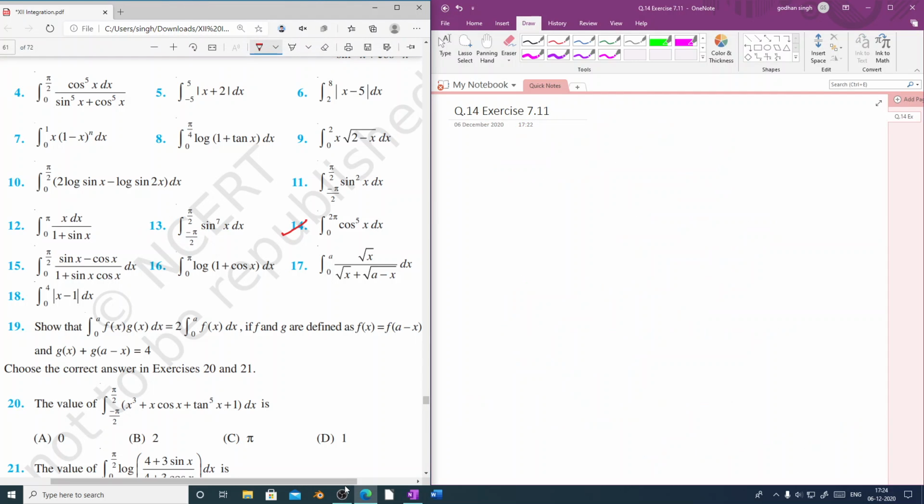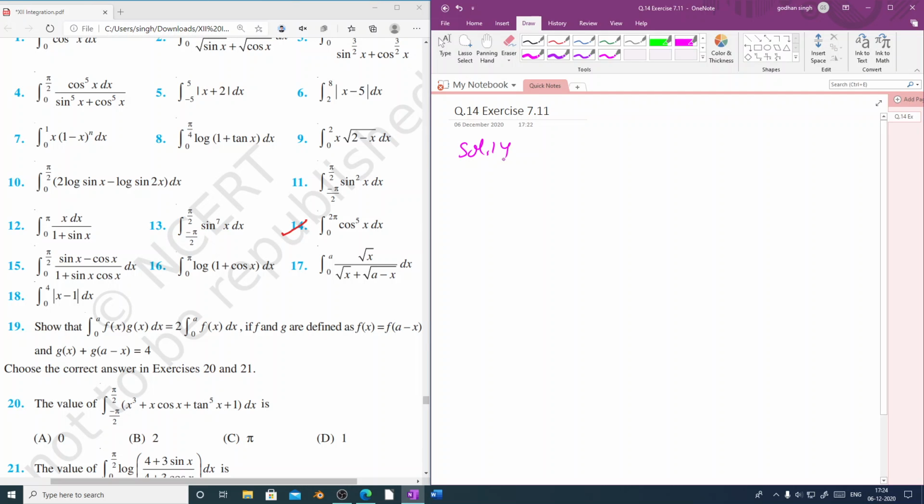Question number 14, exercise 7.11. Solution 14: I equals the integral from 0 to 2 pi of cos raised to 5 x dx. So this is of the form 0 to 2a f(x) dx. Let us check whether property P6 is applicable or not. We'll check whether f of 2a minus x is the same as f(x).